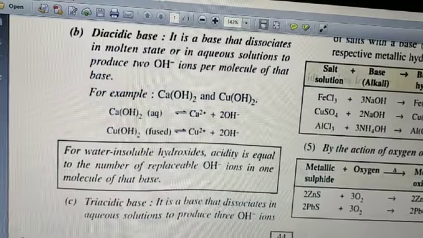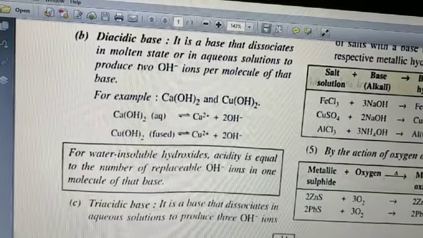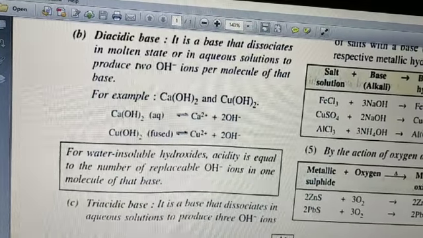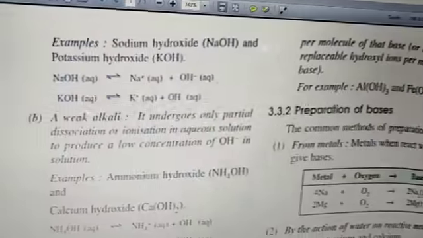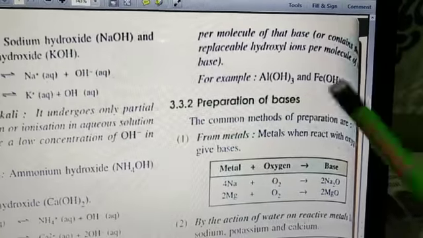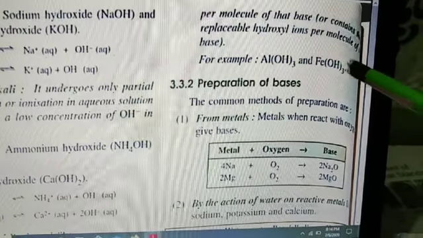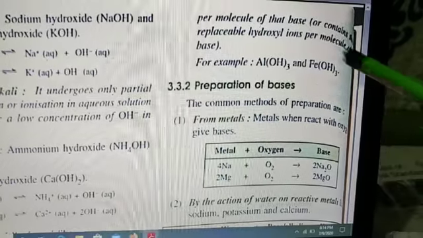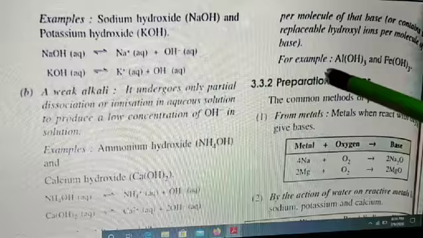Next we have the triacidic base. Similarly, it is a base which dissociates in aqueous solution to produce 3 OH minus ions. Example, aluminium hydroxide or ferric hydroxide. When you dissolve these in aqueous solution, they give you 3 OH minus ions. So this is a triacidic base.